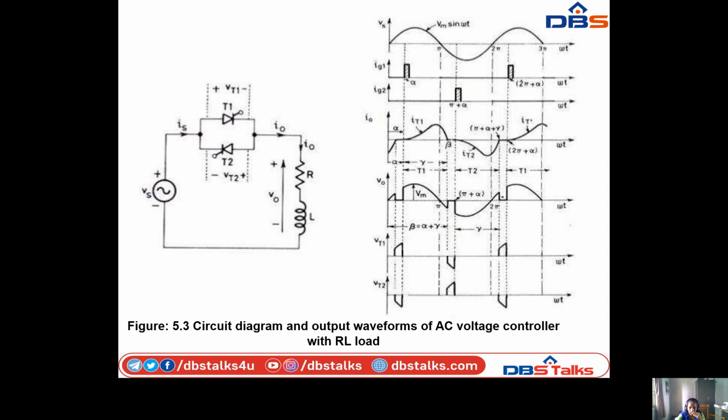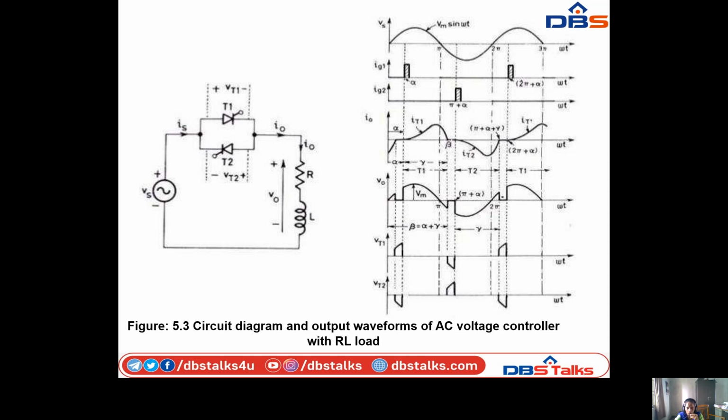Here the overlap angle is also there, and you have to see the output voltage V naught. Here the inductor will be there, so the overlapping will be there from pi to beta. It will be conducting the output voltage obtained, Vm.